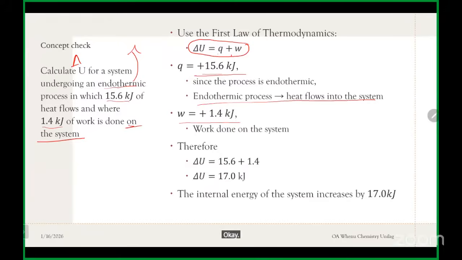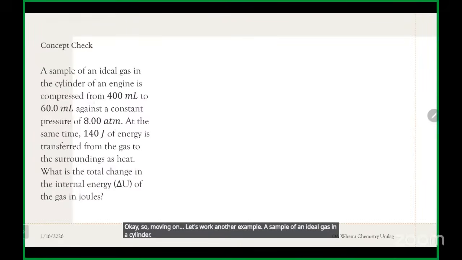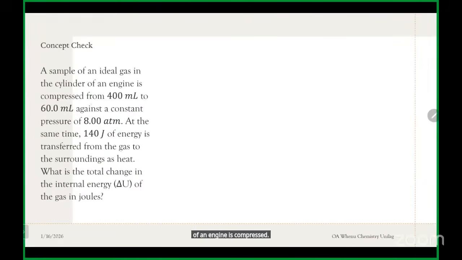Okay, so moving on, let's work on another example. A sample of an ideal gas in a cylinder of an engine is compressed from volume V1 of 400 mL to V2 of 60 mL, against a constant pressure P of 8 atmospheres.